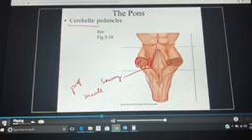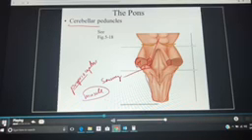Proprioceptors from your muscles and so forth. Okay, so make sure you're aware of where your superior peduncles are, your middle, and your inferior ones, and what they connect to where.